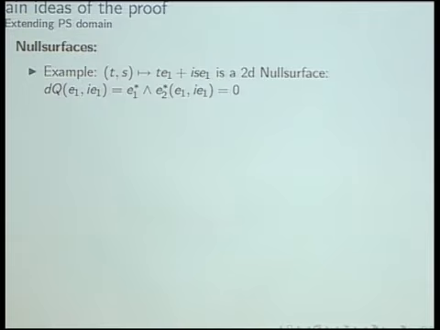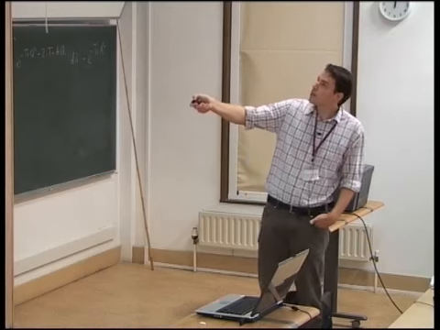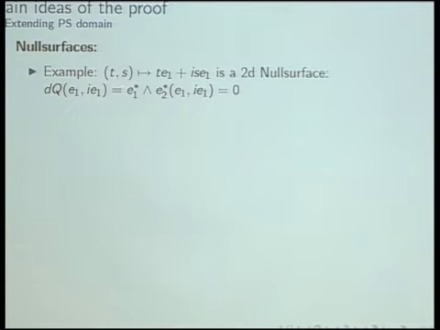Just to see that this is possible, let me consider the simplest example in two dimensions. E1 and E2, just basis vectors. Just consider the following surface. T and S are some other parameters. T times E1 plus I times S E1 is of course a two-dimensional surface in the corresponding complexified space.